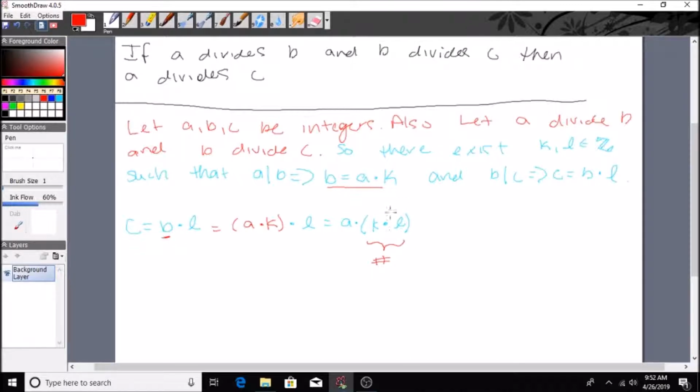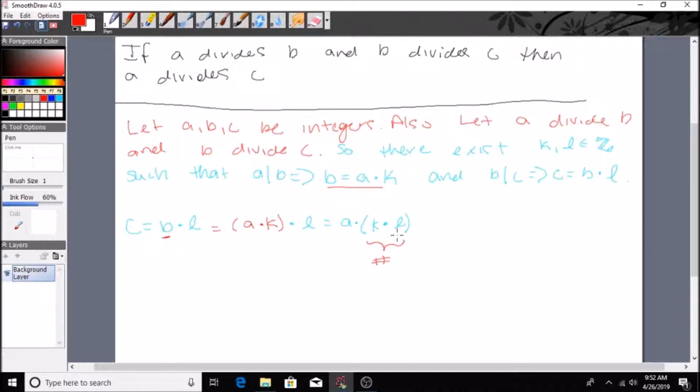So we could put a new integer here, call it Q, where Q is equal to K times L. With an integer times an integer, because A is an integer, we have a new integer C. So if we divide C by A, we get our K times L. And so we've shown exactly what we wanted to show.